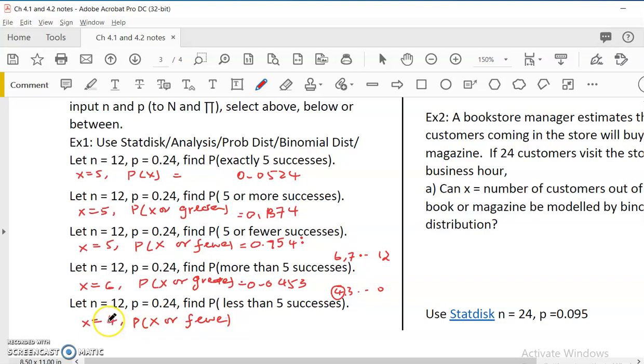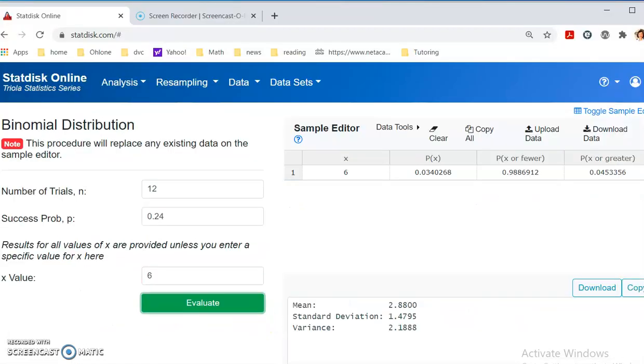So you don't use 5, you don't use 6 for less than 5, because you have to interpret what less than 5 means. We haven't done it, so we would change this to 4, then evaluate. We want less than 5, so it will be 4 or fewer, 0.0623.